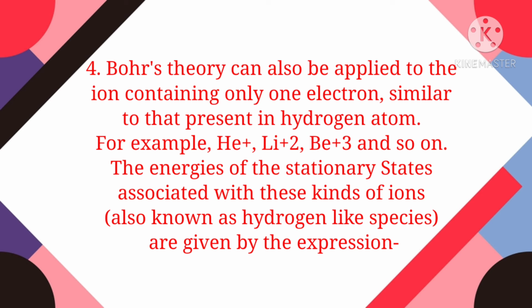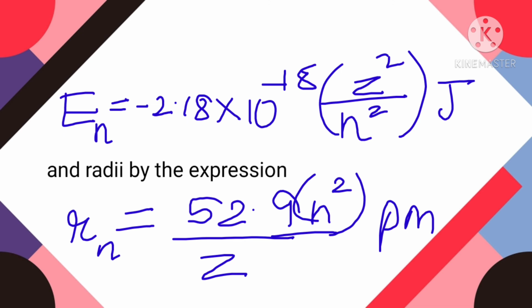The energies of the stationary states associated with these kinds of ions, also known as hydrogen-like species, are given by the expression En is equal to minus 2.18 into 10 to the power minus 18 Z square upon n square joules. ठीक है, Z क्या होता है, atomic number. ठीक है, and radii by the expression Rn is equal to 52.9 n square upon Z. ठीक है, n आपको पता है क्या होता है, number of shell.